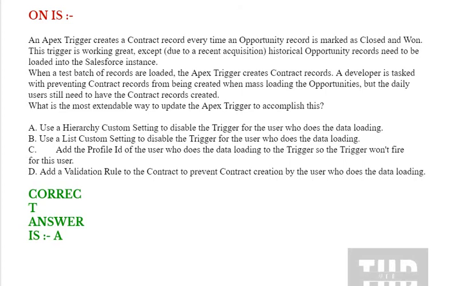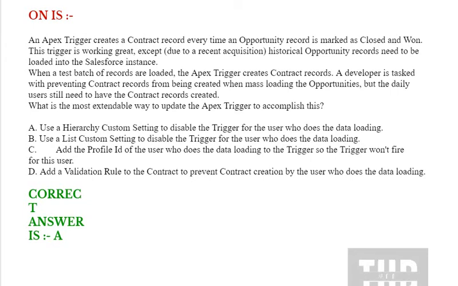Next question is, an Apex trigger creates a contract record every time an opportunity record is marked as closed and won. This trigger is working great, except due to a recent acquisition, historical opportunity records need to be loaded in the Salesforce instance. When a test batch of records is loaded, the Apex trigger creates contract records.